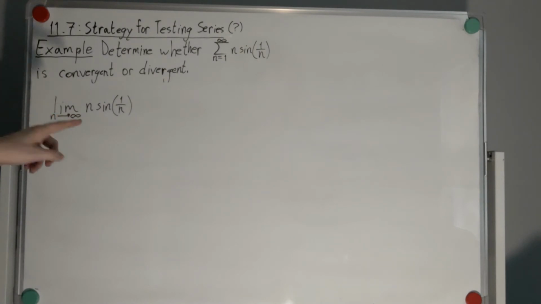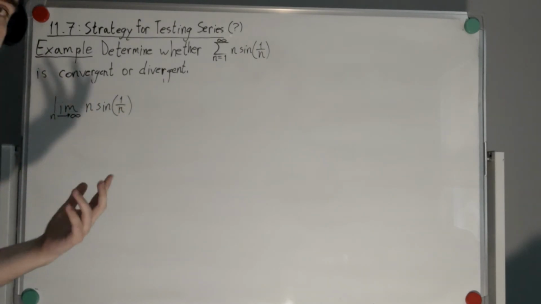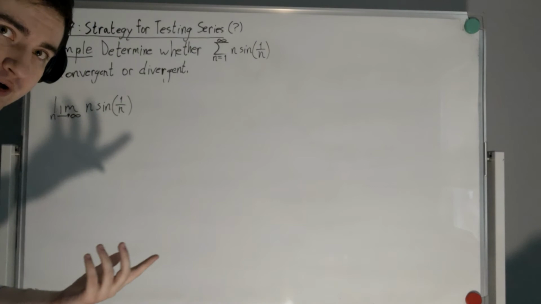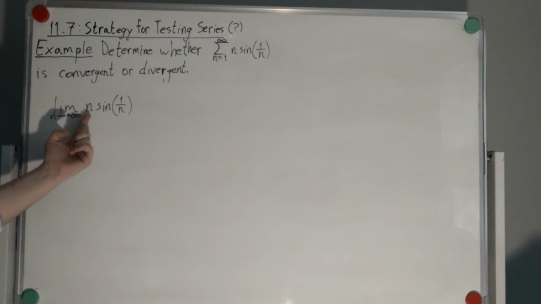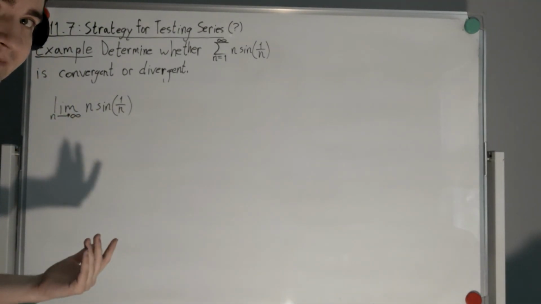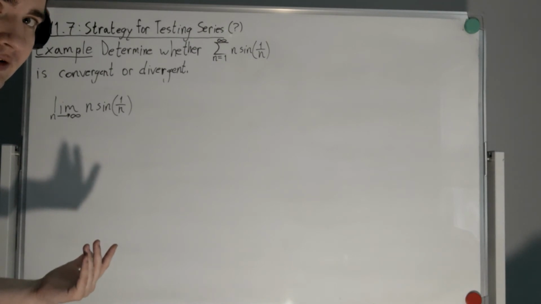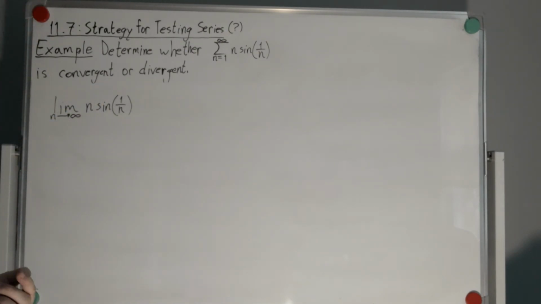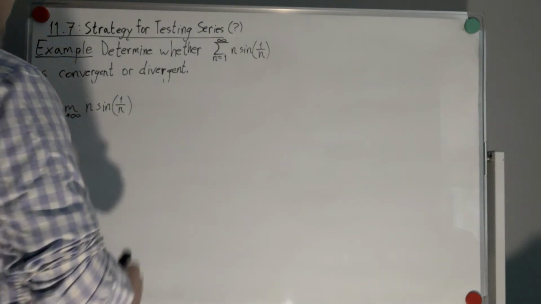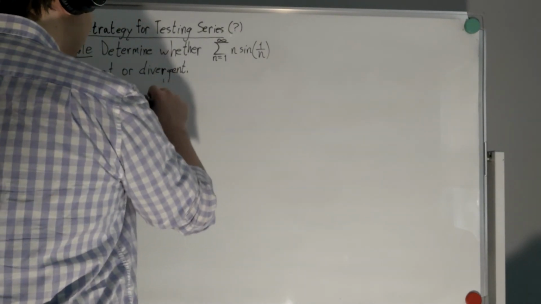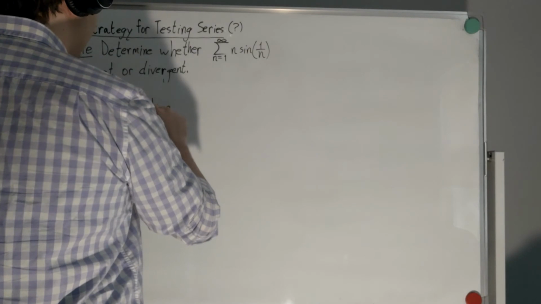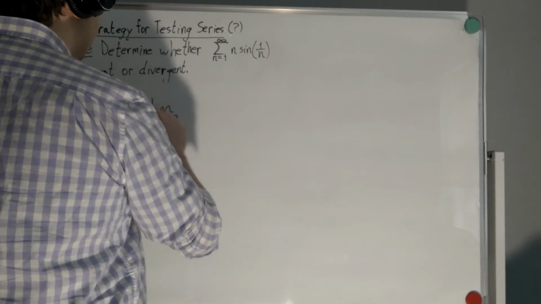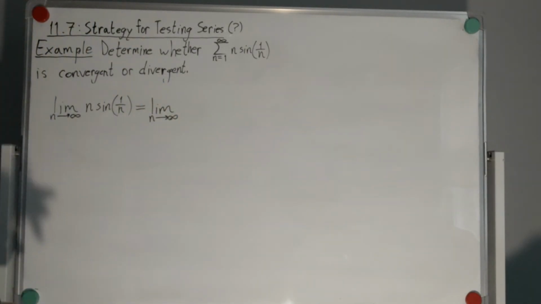Well, let's see here. As n approaches infinity, 1 over n approaches 0, and the sine of 0 is 0. N, meanwhile, is of course approaching infinity, which means that this is an indeterminate form of type infinity times 0. So the easiest way to handle this is by using L'Hopital's rule. So we're going to have to set that up by turning this into a fraction first.